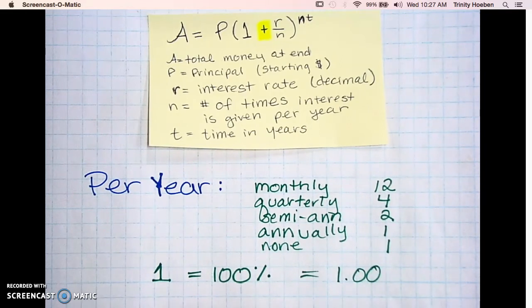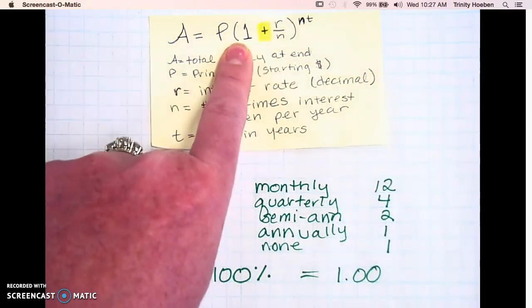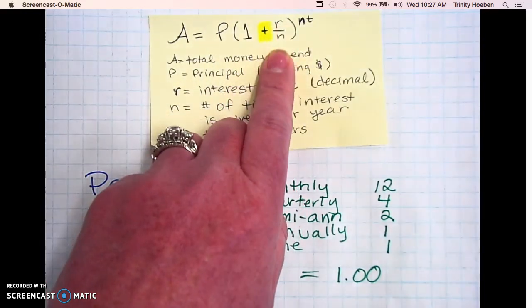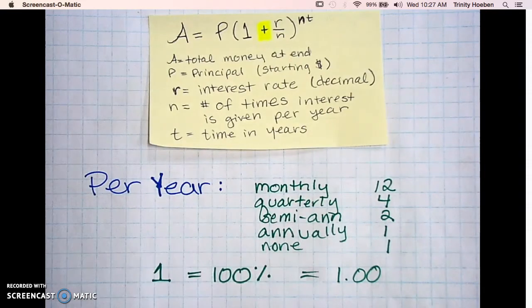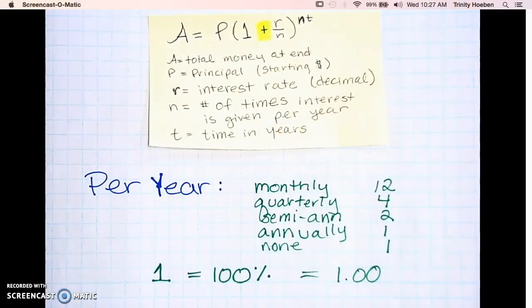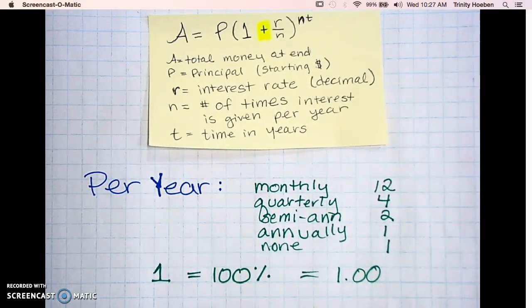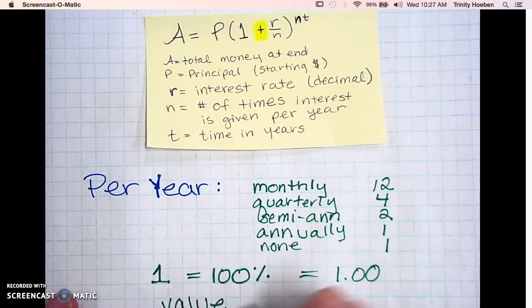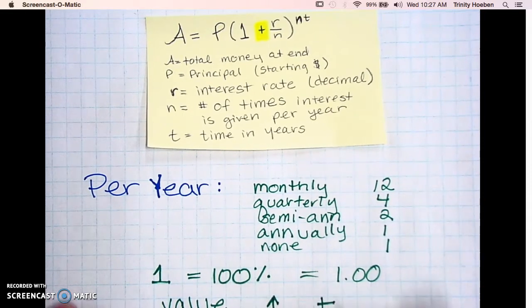Does that make sense? So if we are saying 1 plus the rate over the number of times in a given year, you include the 1, you would add it when your value is increasing. That's when you add, right?